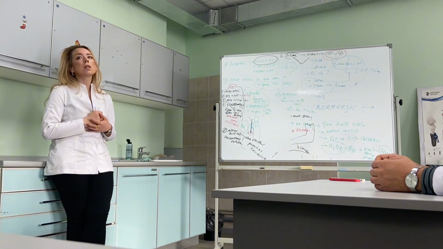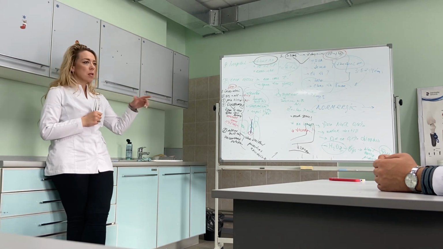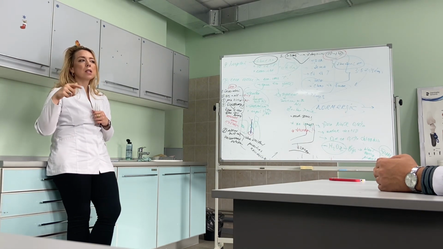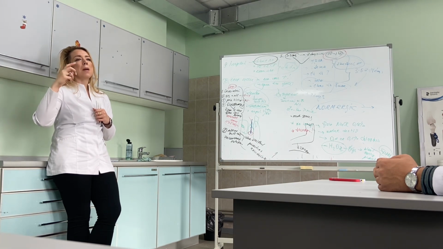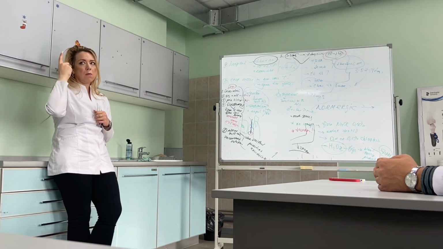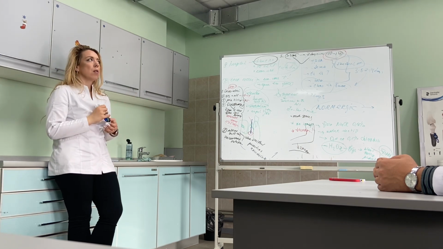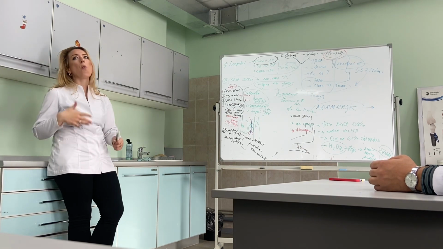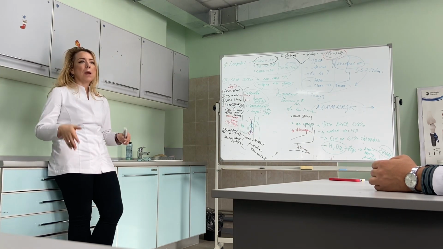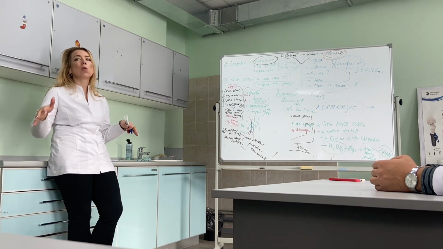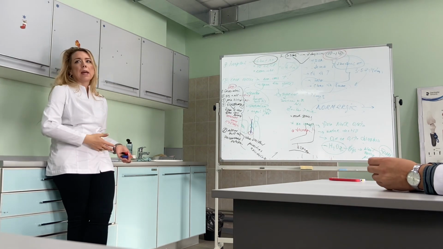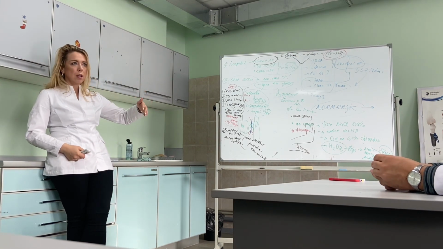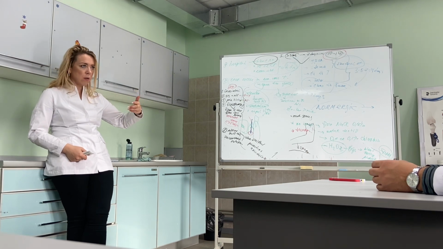We have 21 days for this. If it needs to be more, we need a special commission, not only one doctor who treated, but the head and doctors from other departments, to discuss why the patient needs more time for treatment. For example, diabetes, hypertension, or something like this, and then we prolong this official document.